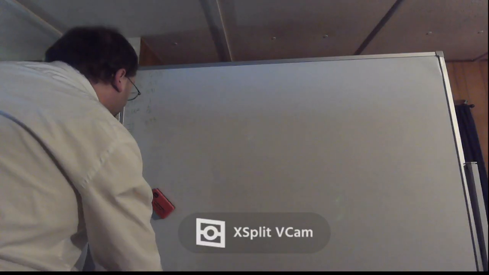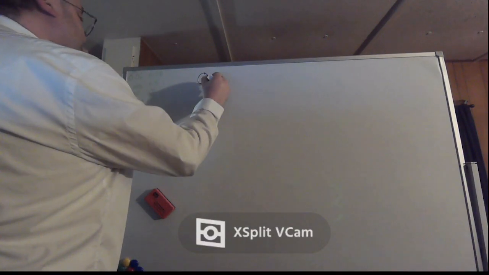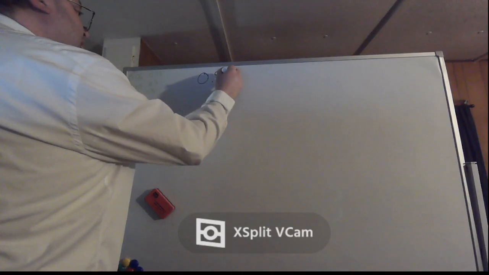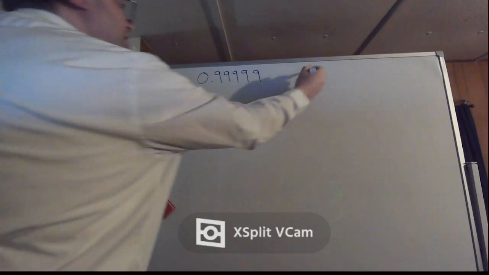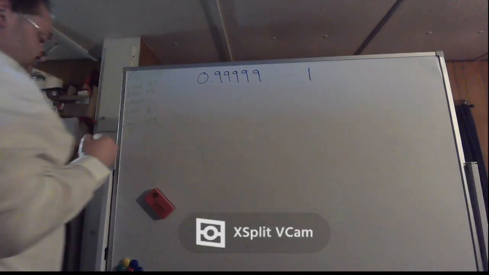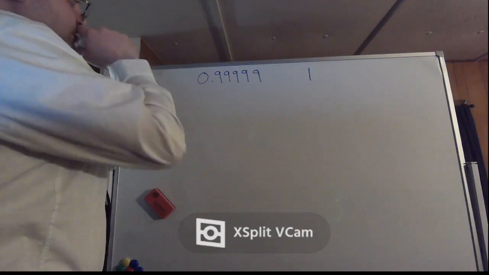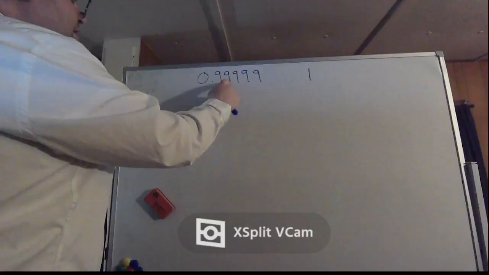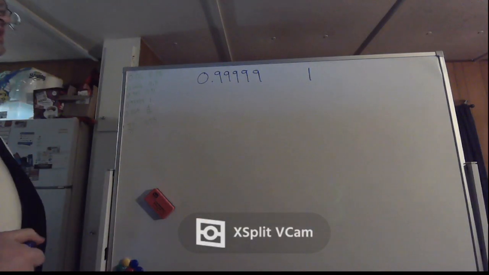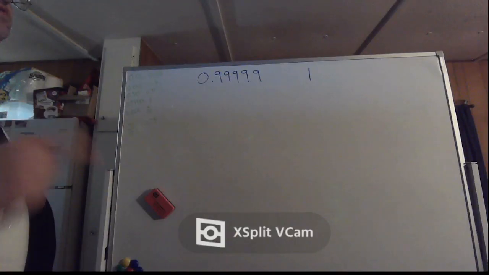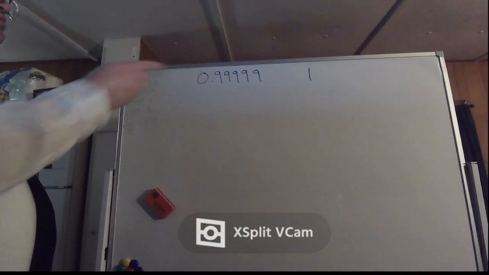How about, I got three more here. We have 0.99999, and then we have the number 1. So we have tenths, hundredths, thousandths, 10,000ths, 100,000ths. So we have 99,999 100,000ths and the number 1.